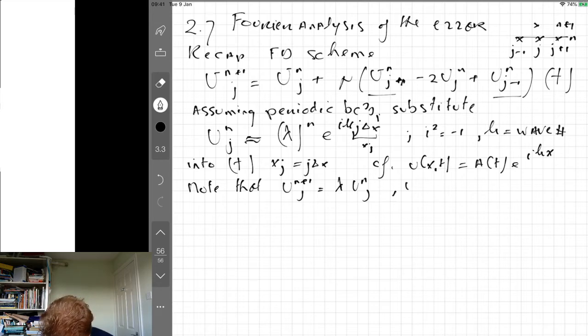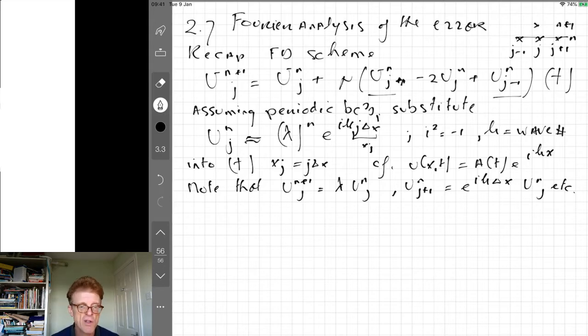Also u_(j+1)^n is e to the power ik delta x times u_j^n. You take out the 1 times u_j^n, etc. Also u_(j-1)^n is e to the power minus ik delta x times u_j^n.